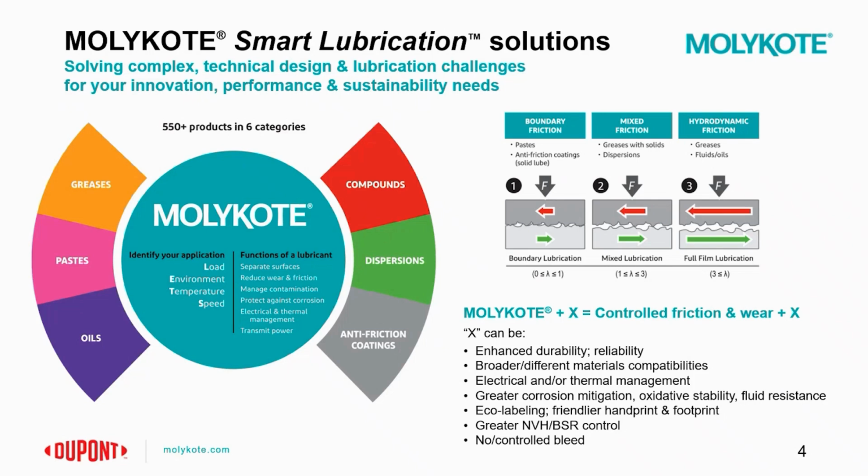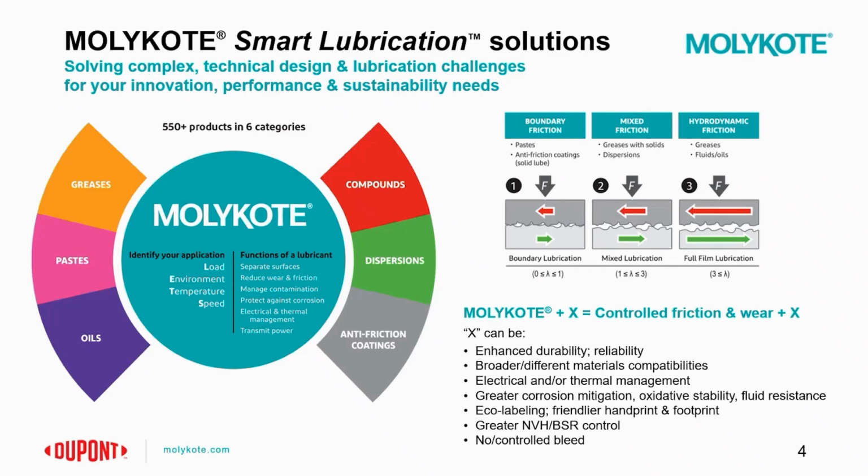In contrast, you could also have a hydrodynamic friction regime. This sort of regime encompasses fast-moving, low-load applications. For applications involving hydrodynamic friction, we typically would lean towards a grease or a fluid. In those product families, it's the base oil in the formulation that's acting as the primary lubricating agent.